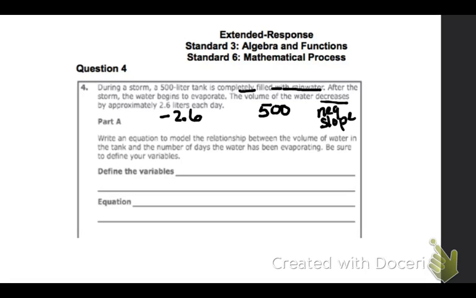Okay. I'm going to let D equal the number of days the water, I'll make fancy there, H2O, because this pen takes up a little bit more room than your pencil would.